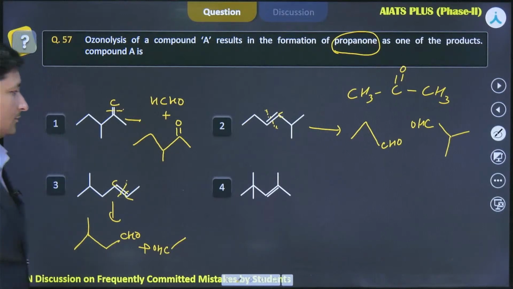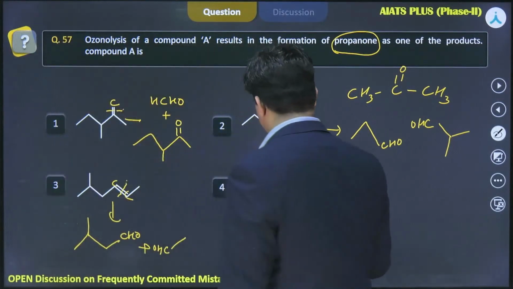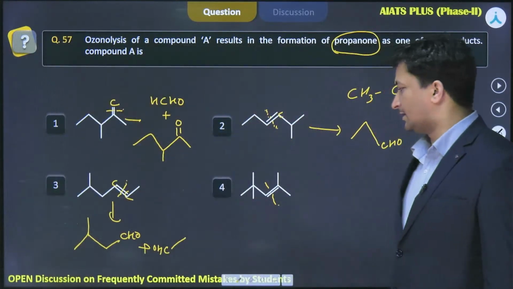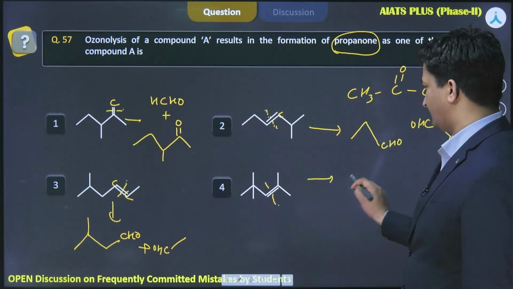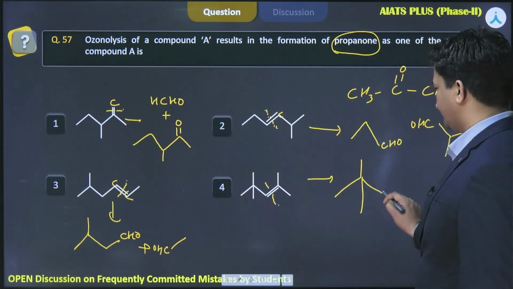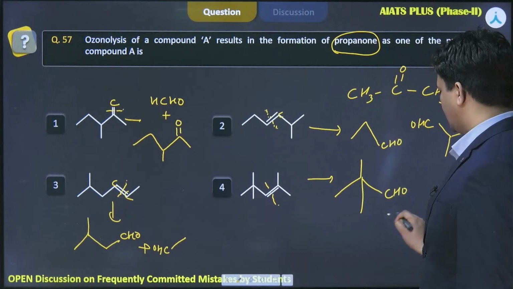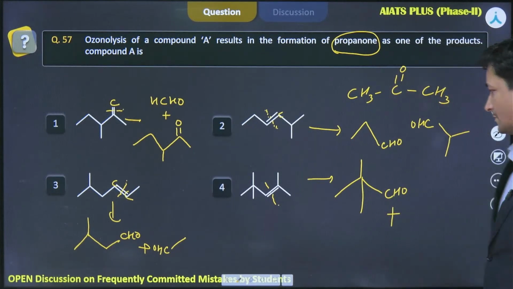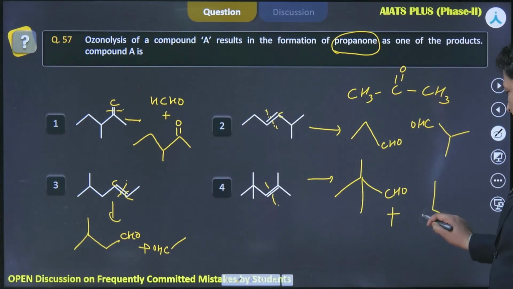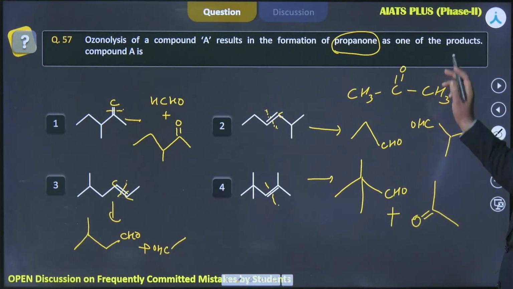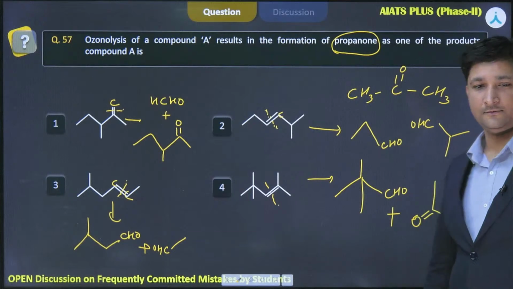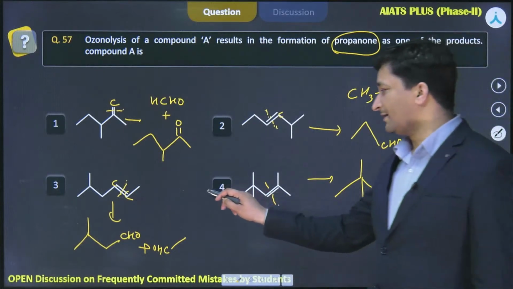So the third is also not going to be the correct answer. But here, if this undergoes ozonolysis, then what we are going to get? Now, this is the propanone which we have to find out. So option 4 will be the correct answer.